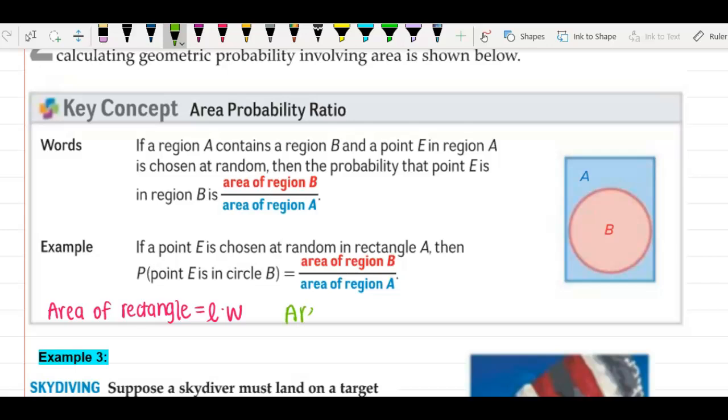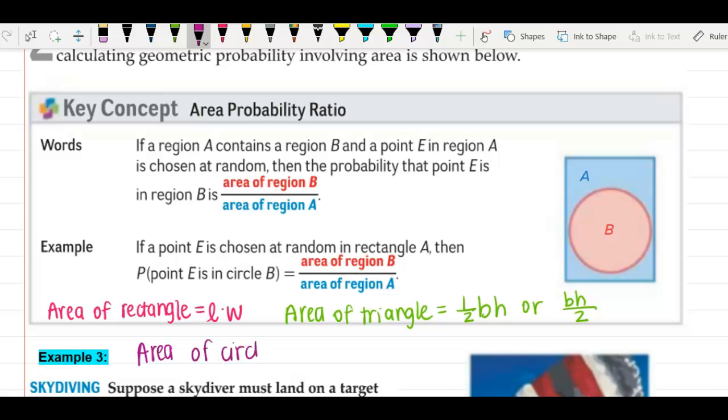We also have area of a triangle, which might pop up, and that is 1/2 the base times the height, or you could write this as base times height over 2. And the one we're going to use for this next example is area of a circle, which is pi times the radius squared. Okay, those are probably the 3 biggest ones.